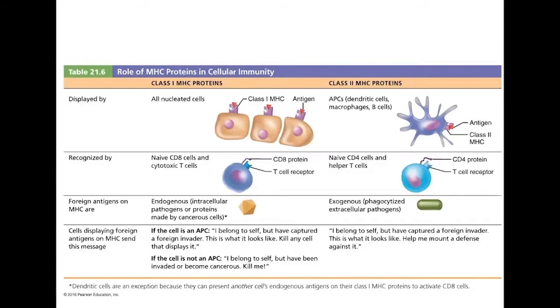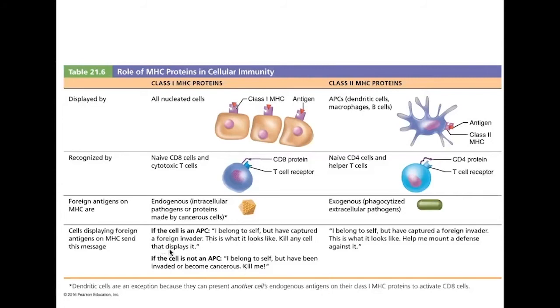So the message here that is being sent to the T cell that recognizes the MHC class 1 and the antigen that binds with it is, I have captured or I have been infected by this foreign cell or virus or whatever. This is what it looks like.